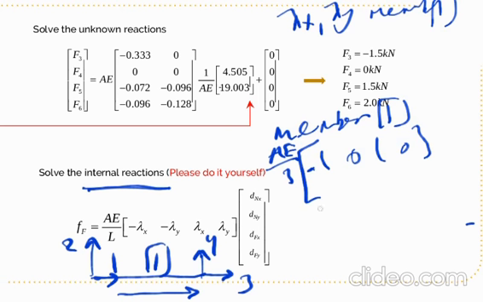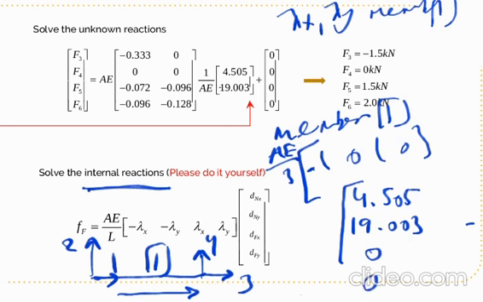So displacement number 1 is what we already got, 4.505. Displacement number 2 is 19.003. Displacement number 3 is 0. Displacement number 4 is 0. This is the value of this matrix.